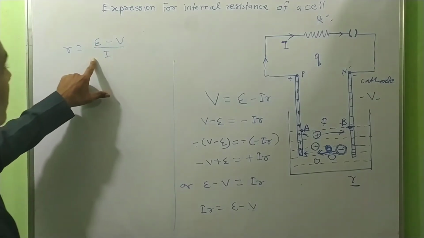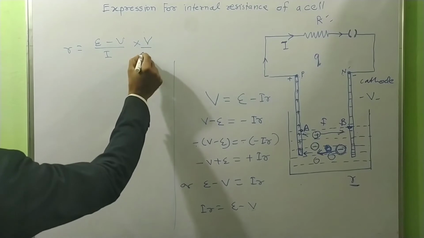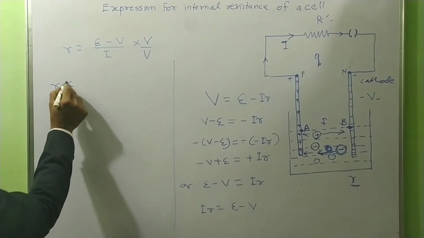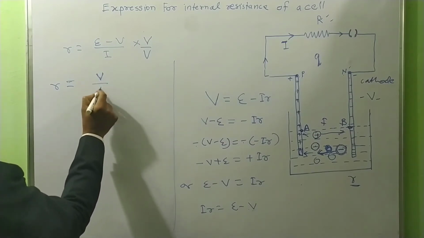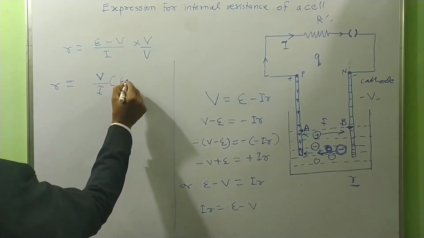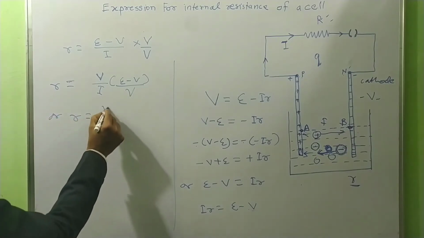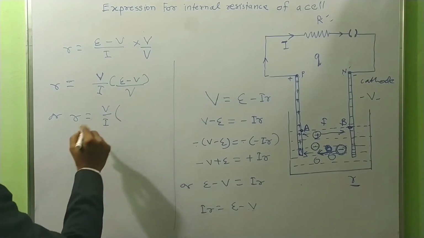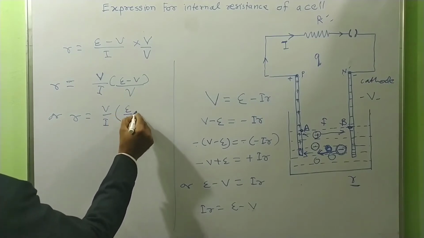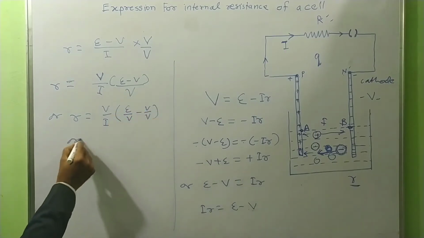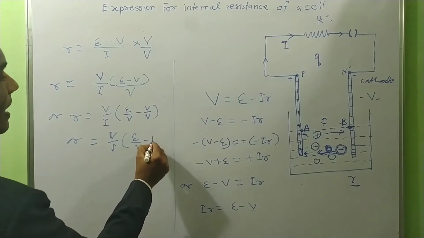In this equation we can multiply and divide by V. So we can write V upon I, and epsilon minus V upon V. Dividing epsilon minus V by V, it will be epsilon minus V upon V, so r equals V upon I into (epsilon upon V minus 1).